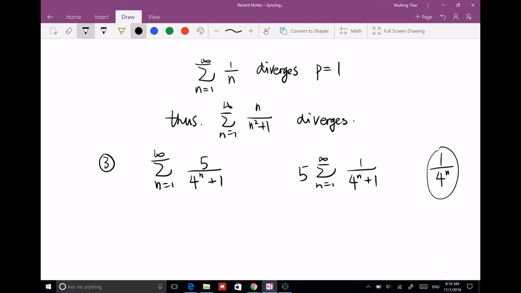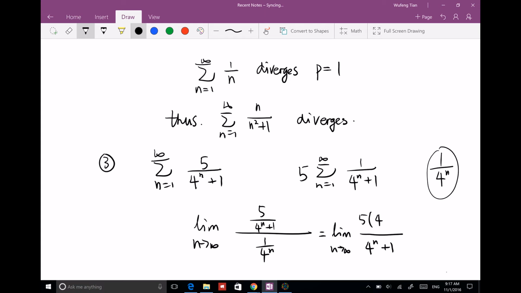Okay. So now we can compare the limit as n goes to infinity of 5 over 4 to the power n plus 1 over 1 over 4 to the power n. Then we get the limit as n goes to infinity of (4 to the n plus 1) over (5 times 4 to the n).